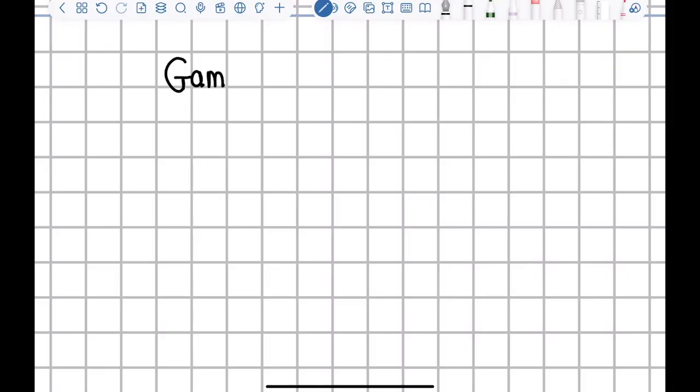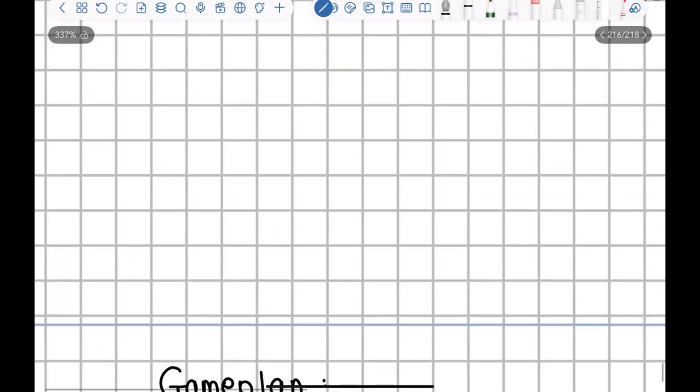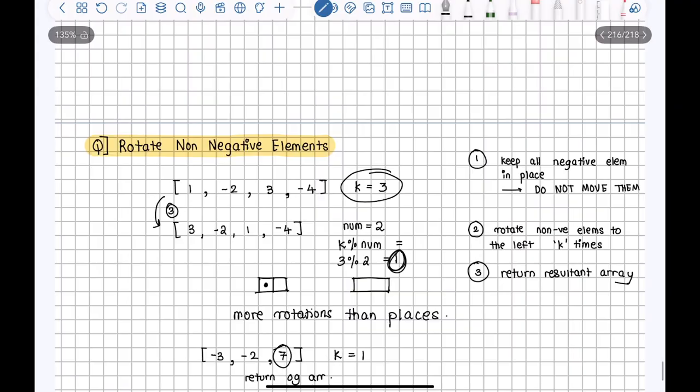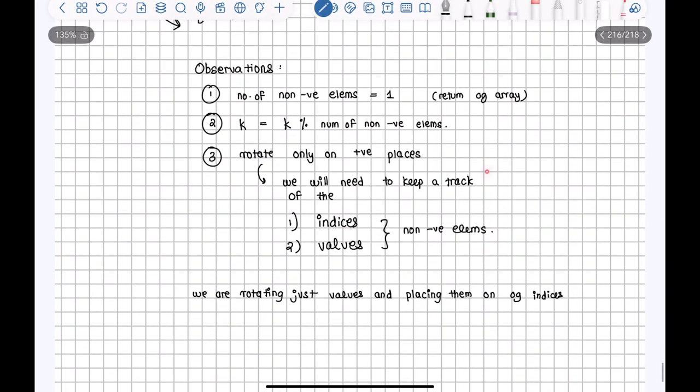How do I solve this? I understood what is it that we are doing. We are reducing the k, then we are rotating only on positive places, and we are keeping all negative elements as is, and we are keeping a track of the indices and values. Because why are we doing this?